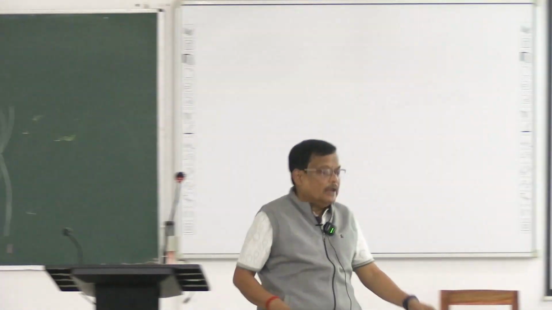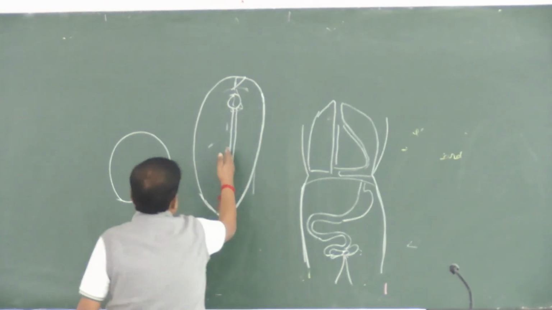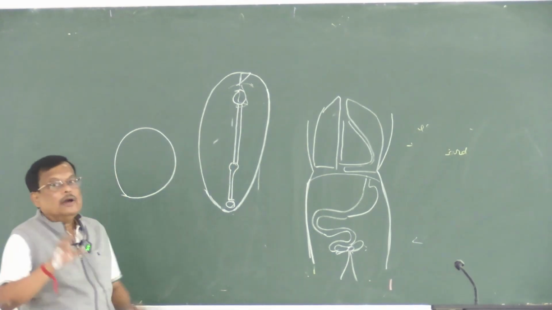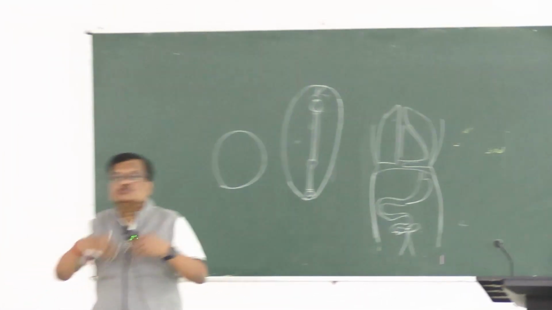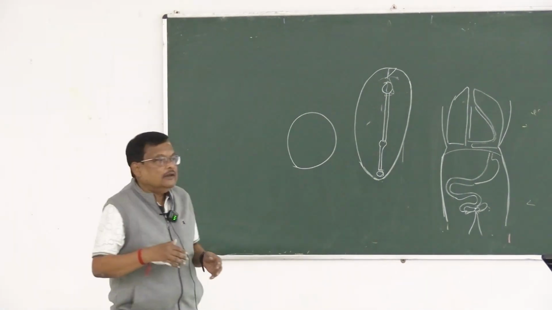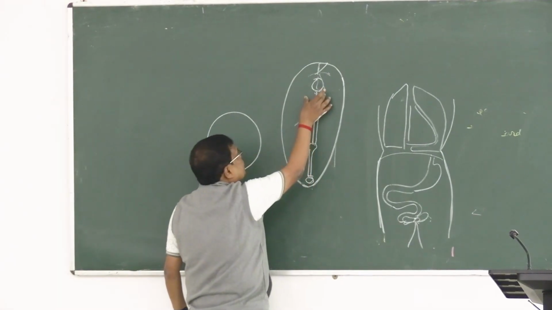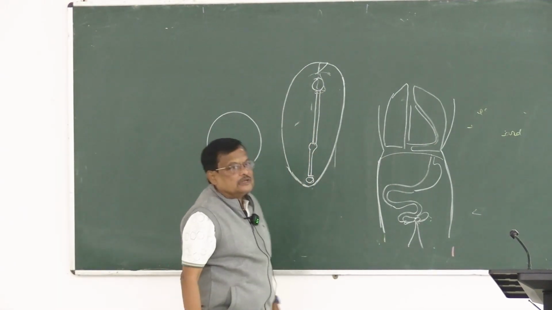Why is there folding? Because in the disc, the cell proliferates. Proliferates means mitotic division occurs. More cells are produced. We call it proliferation. The cells proliferate, but the central cells proliferate more than the peripheral cells.